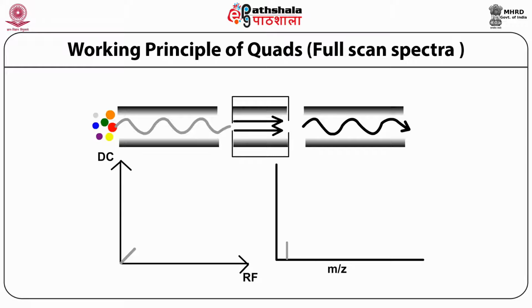This causes fragmentation of the original ion, which gives rise to smaller fragments, which you see in quadrupole 3.